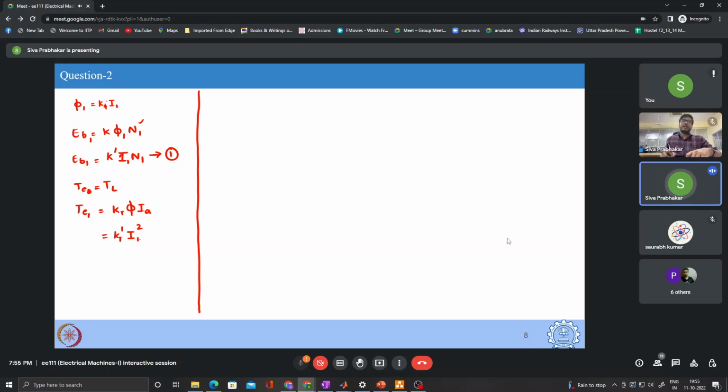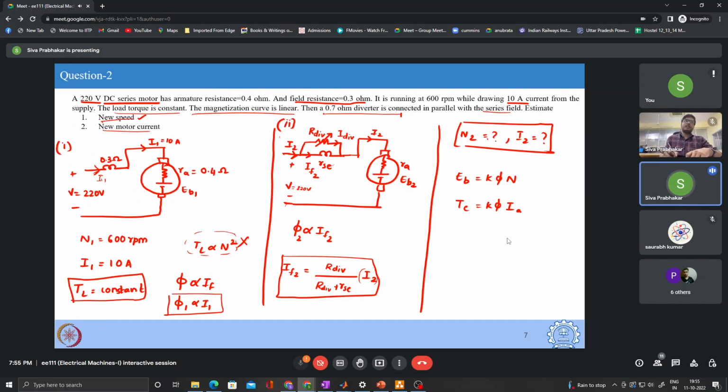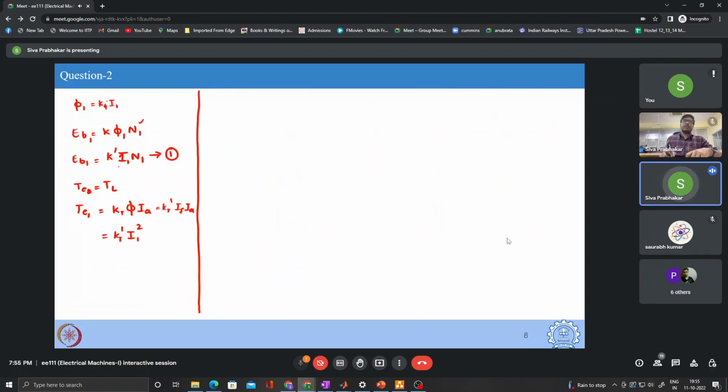In other words, it is KT dash into IF into IA, and for the first condition, IF and IA are the same and equal to I1. So TE1 is KT dash into I1 square. This is our second equation.